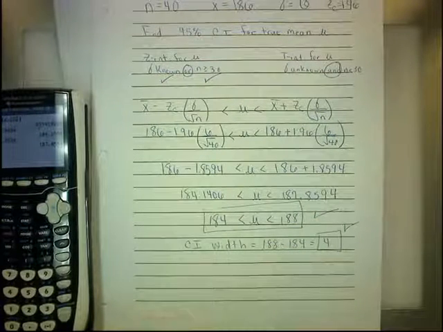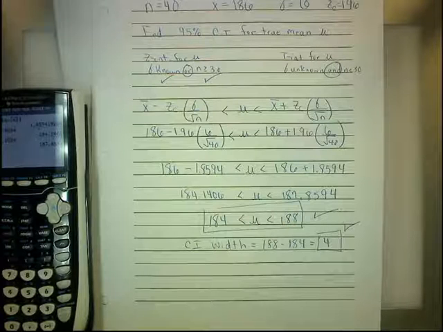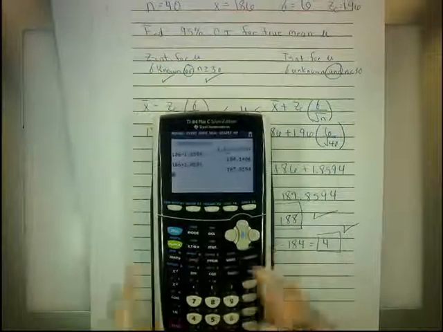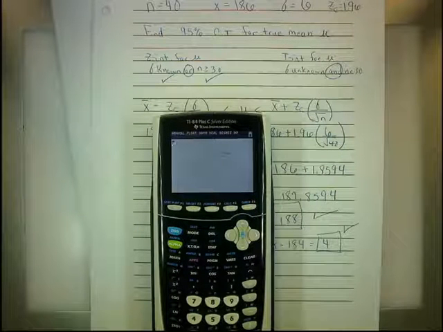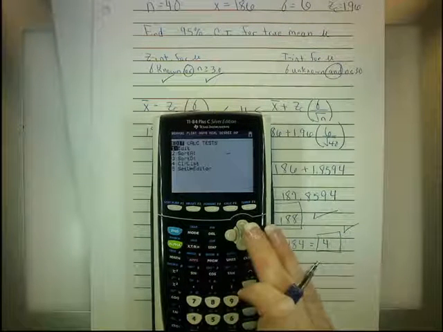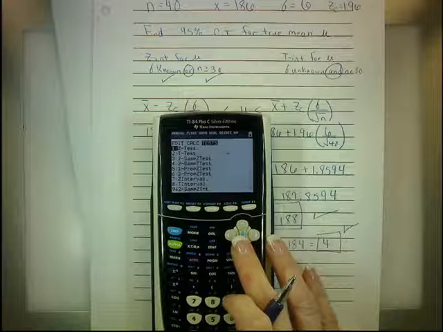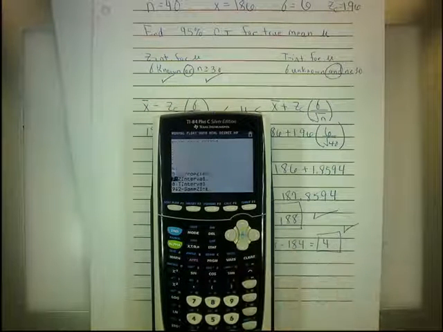Now, part B, we are going to find the confidence interval, but this time it's going to be 100 bowlers instead of 40. Before I do that, let me plug in the previous Z interval. Stat test number 7.